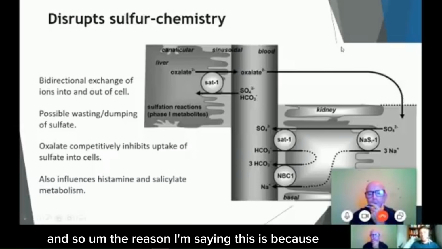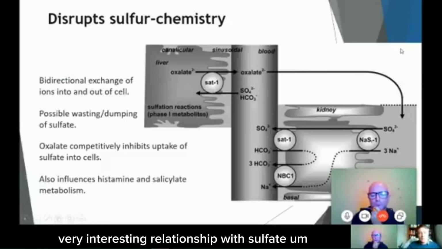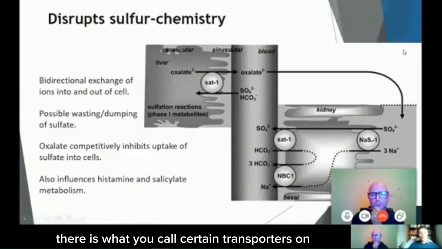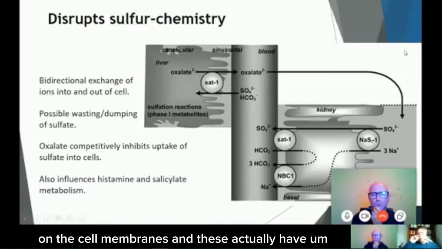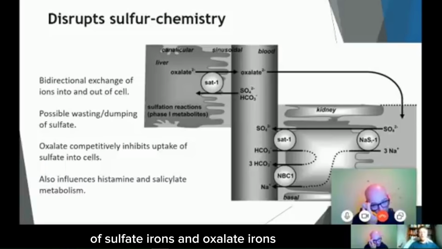Okay, and so the reason I'm saying this is because oxalate has a very interesting relationship with sulfate. There are certain transporters on the cell membranes, and these facilitate a bidirectional exchange of sulfate ions and oxalate ions.